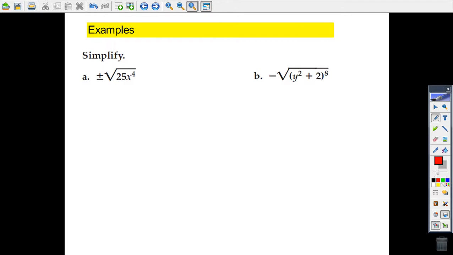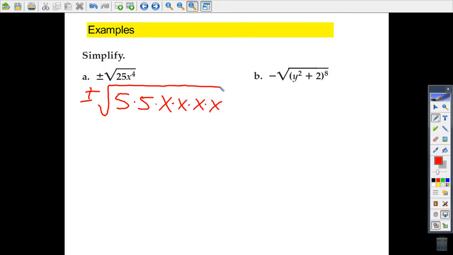Notice that there's a plus or minus in the front. So how many answers am I going to come up with? 2. And I can rewrite the square root of 25 x to the 4th. 25 is 5 times 5, and x to the 4th means x times x times x times x.